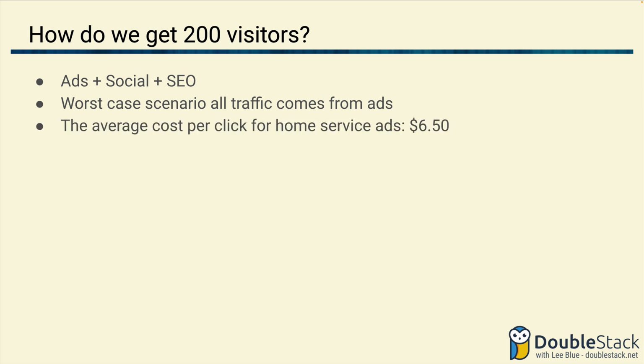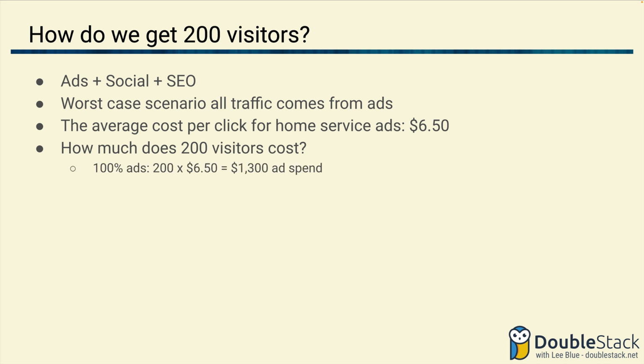The average cost per click for home service ads in the United States is $6.50. So if I need 200 visitors at $6.50 per click, that's $1,300 in ad spend.